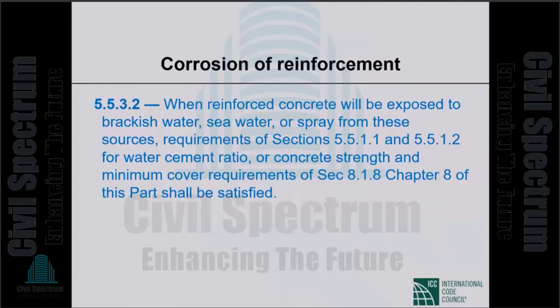And so if your concrete is going to be exposed to brackish water, seawater, or spray from these sources, there is a limitation on water cement ratio that we went over. You can go back. I am not going to spend the time. And there is also a minimum cover requirement in section 818, chapter 8, which we will come to.